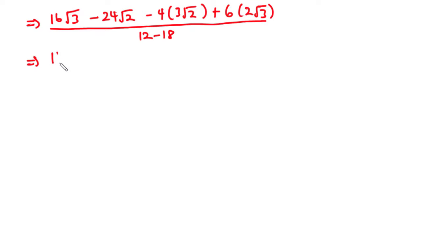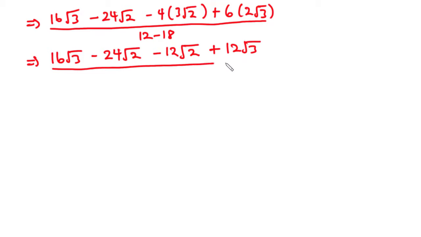So we are going to have 16 root 3 minus 24 root 2 minus, now 4 times 3 is 12, so we have negative 12 root 2, and then 6 times 2 is 12, so we have 12 root 3, divided by 12 minus 18 is negative 6.